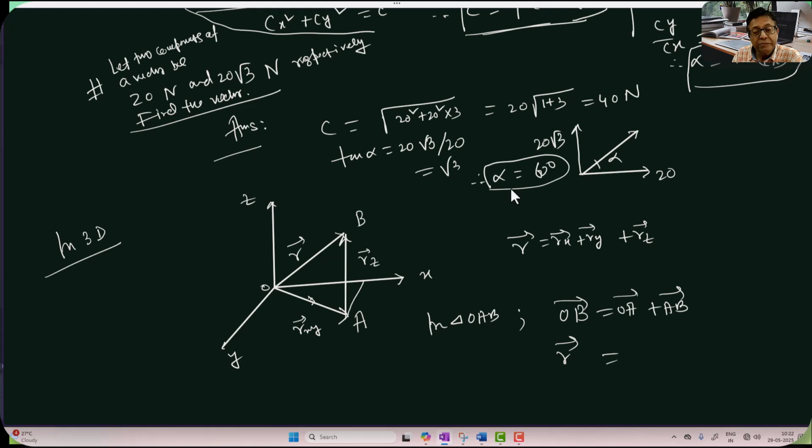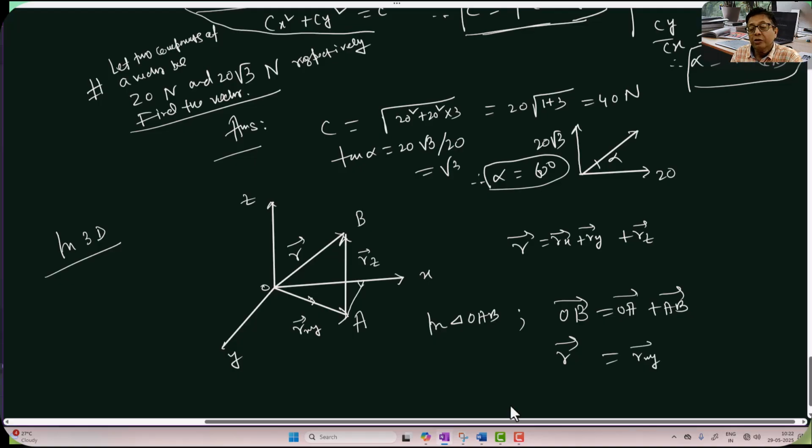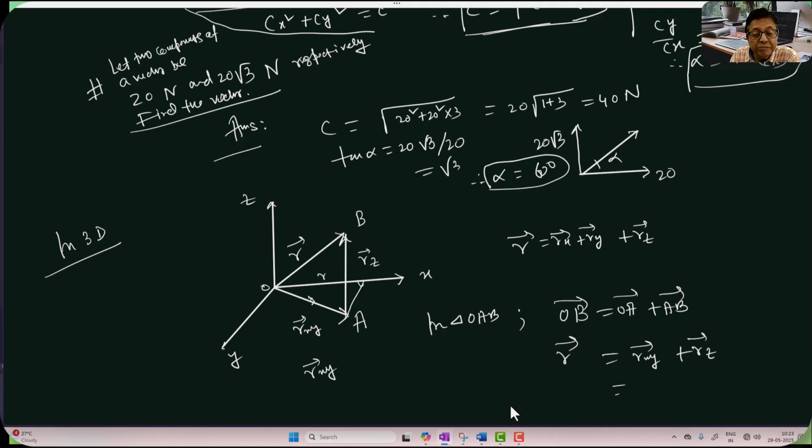Okay? And from this one you draw a perpendicular here also. So R vector is going to be what? R_xy plus R_z. What is R_xy here? R_xy, this is the component along x-axis and this is along y-axis. R_xy is what?